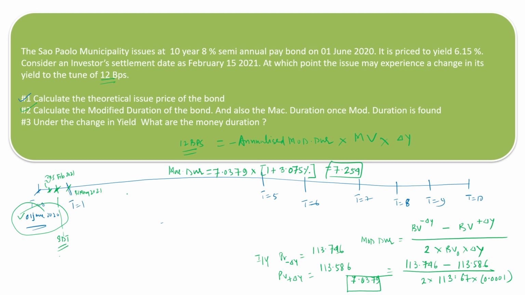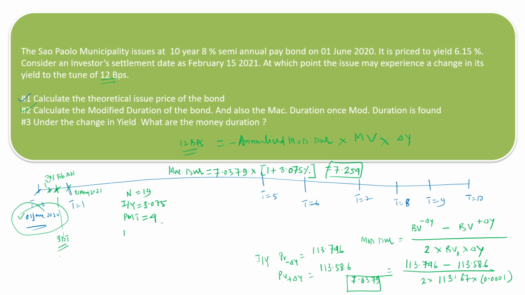So here all that we have to do is to input n as equal to 19 instead of 20, because after the first coupon is paid, there are 19 semi-annual coupons remaining. The I by Y remains at 3.075. There has not been any rate change, there is no indication that the interest rates have changed. So these details remain as they are.